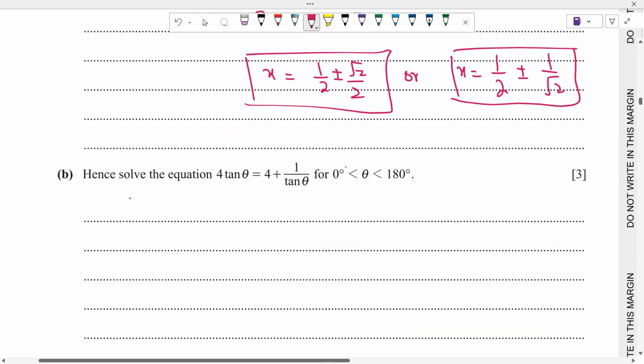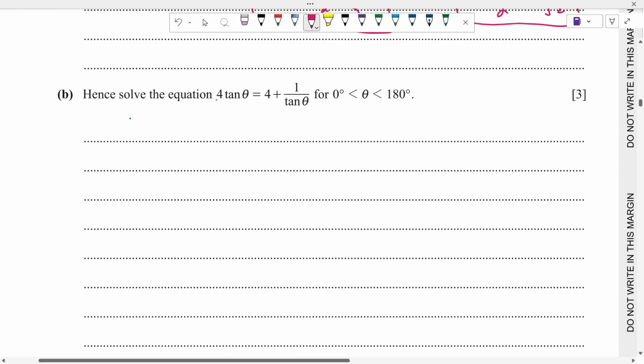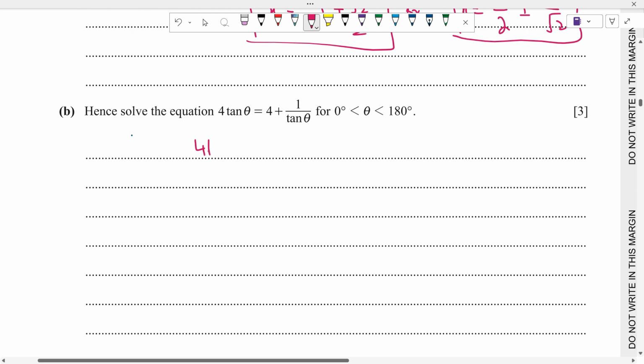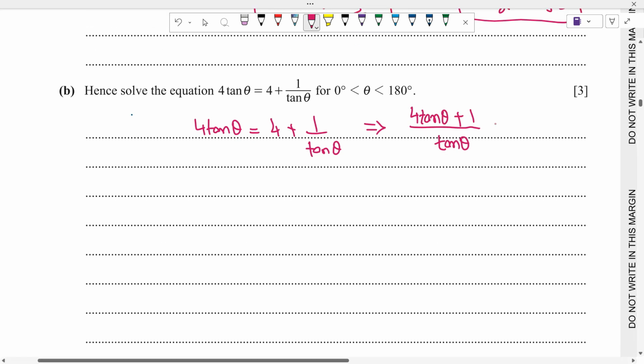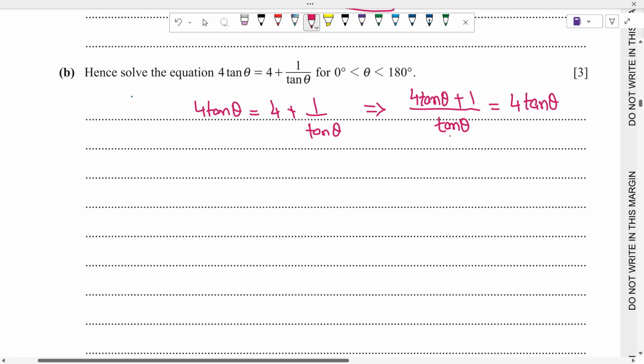Now let's move to part B. Solve the equation tan θ = 4 + 1/tan θ for θ less than 180 and greater than 0. So first solve the given equation, which is tan θ = 4 + 1/tan θ. Taking the LCM on the right side, we will have tan θ equal to (4 tan θ + 1) over tan θ.